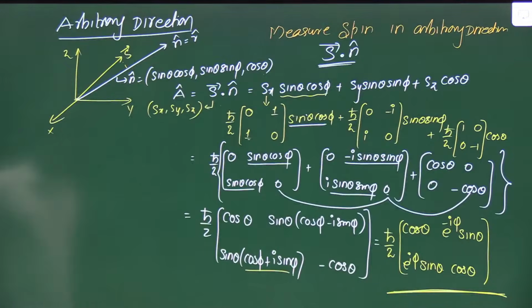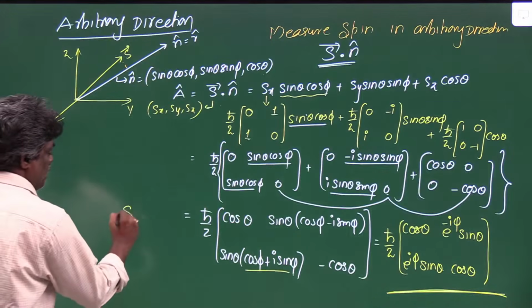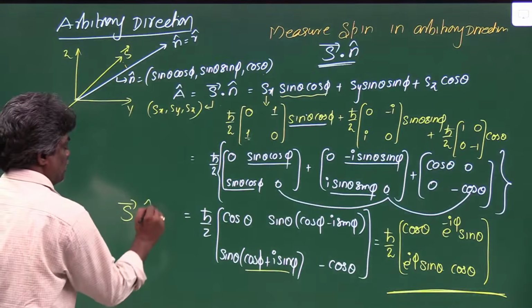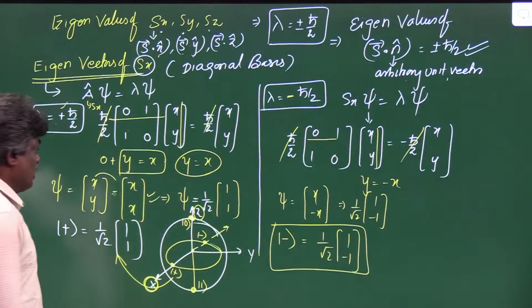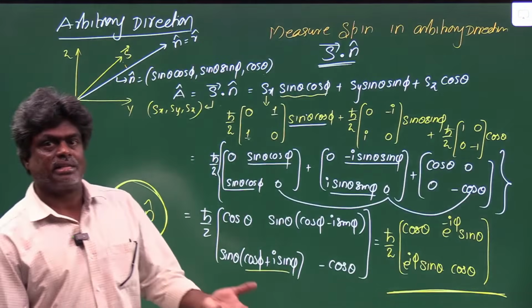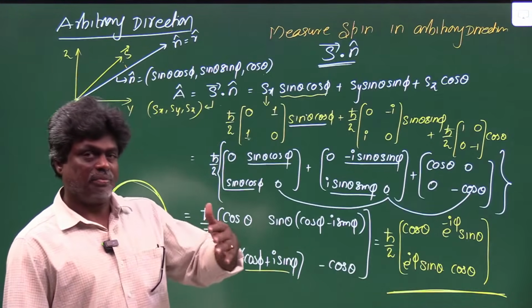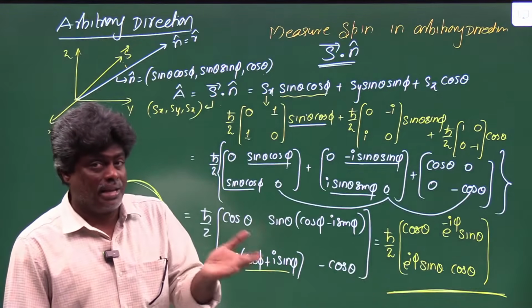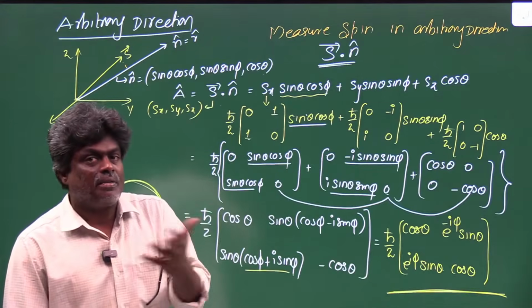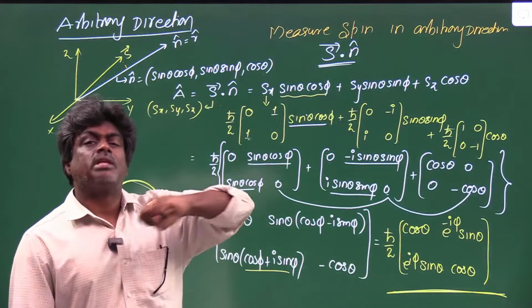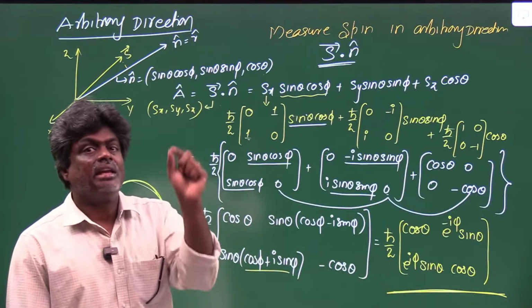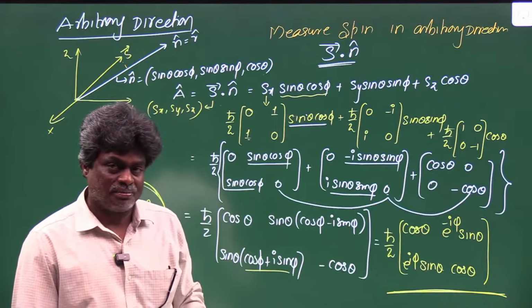Clear, sir? Now I got the matrix corresponding to arbitrary measurement. Earlier I found the eigenvectors of Sx, I got the Sx basis. If I find the eigenvectors along the z axis, I will get the computational basis. Now we want to represent a more general state, that is any point on the Bloch sphere.